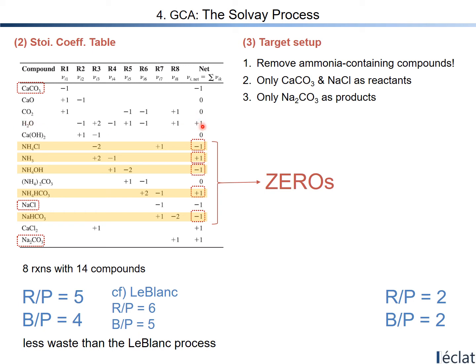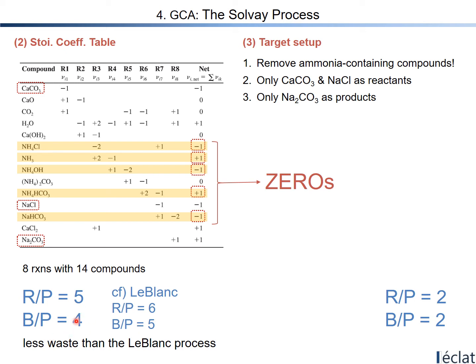And the other things: ammonia, the byproduct, 2, 3 ammonium bicarbonate, and then 4, calcium chloride. So 4 moles of byproducts are produced during this process for making 1 mole of sodium carbonate. So the Bp ratio is 4.